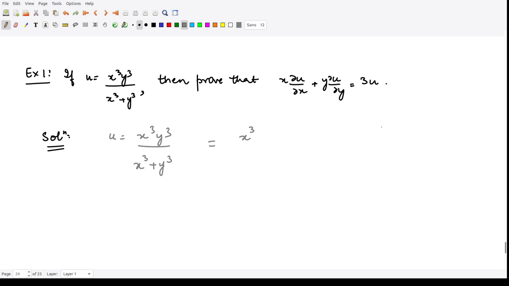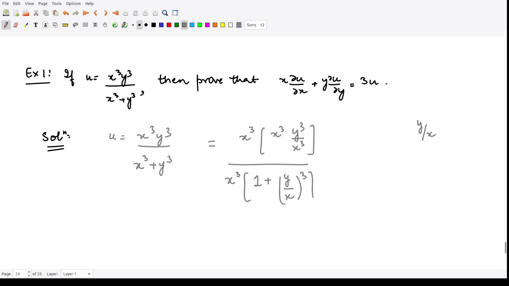To make it y by x, you have to multiply by x cube and divide by x cube. And from the denominator you will take out x cube common, so it would be 1 plus y by x whole cube.